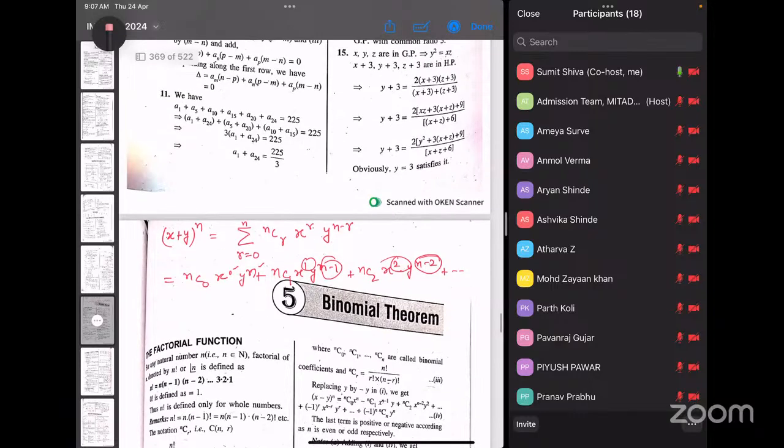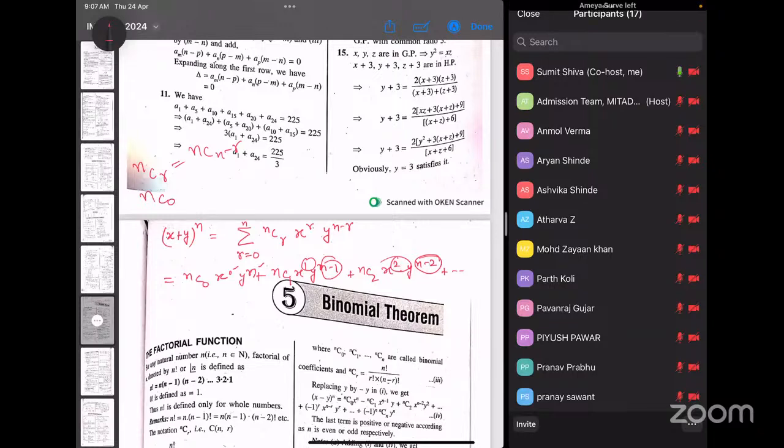And this same value is due to a property of the binomial coefficient. This property is due to combination, which is nCr is the same as nC(n minus r), which means nC0 has the same value as nCn, nC1 has the same value as nC(n minus 1), and nC2 has the same value as nC(n minus 2). This implies that the binomial coefficients are symmetric.